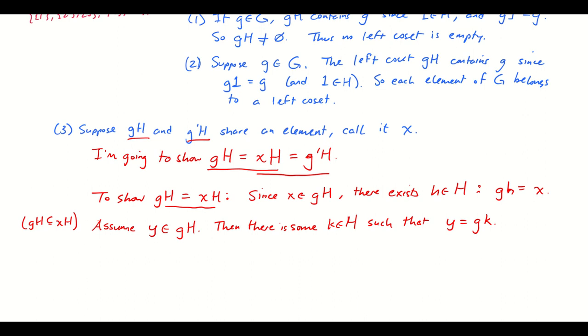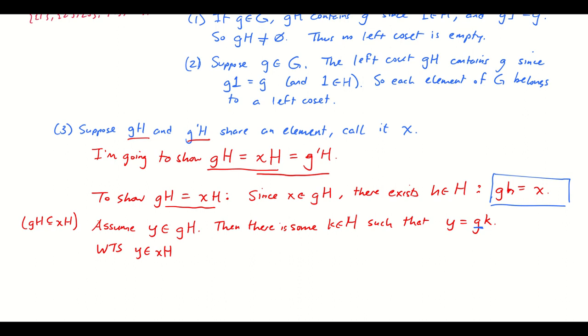Now, because I want to show that y belongs to XH, I want to write y as X times some element of our subgroup. One thing that might be useful would be to get rid of this g and express it in terms of h.